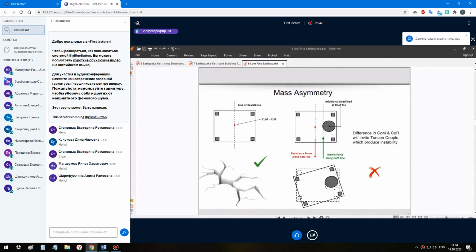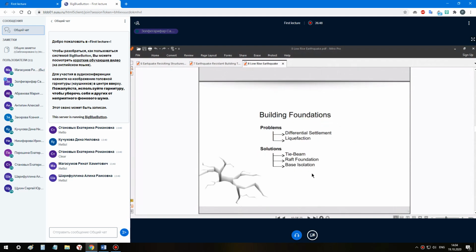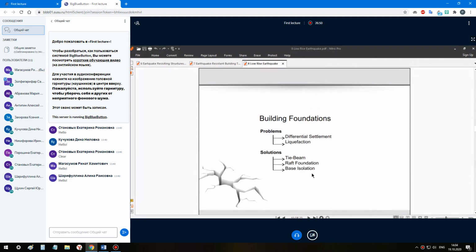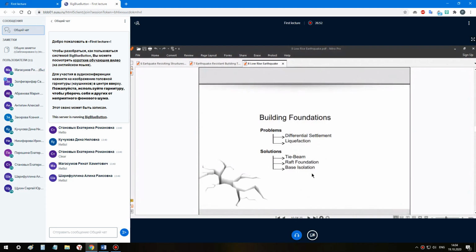As mass asymmetry. In another slide, you can see the problems of building foundations.